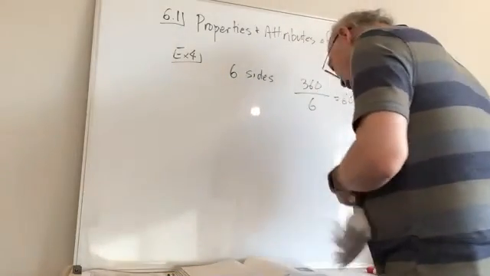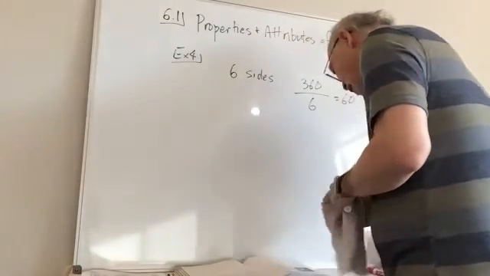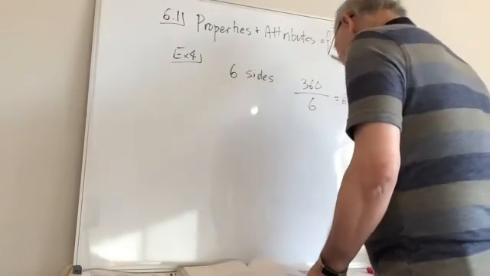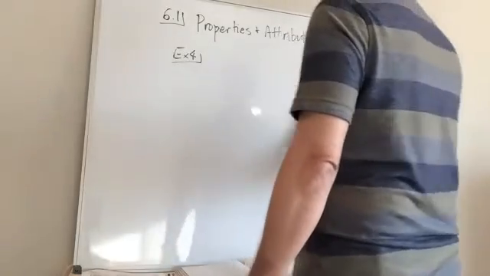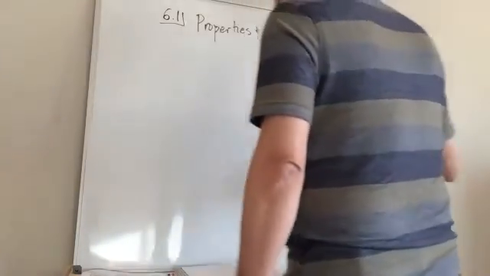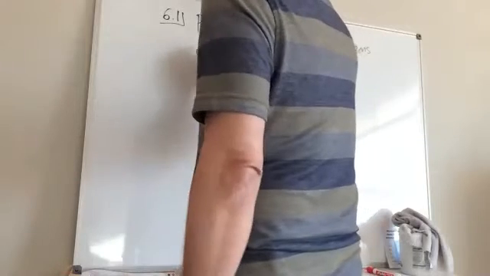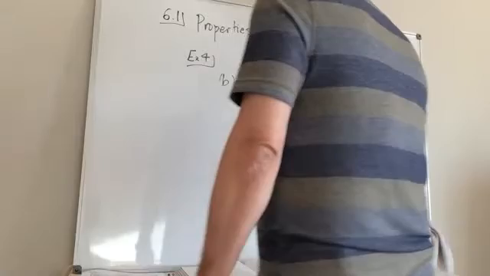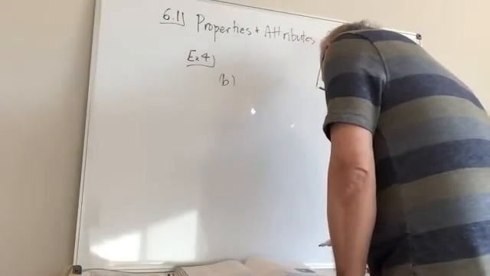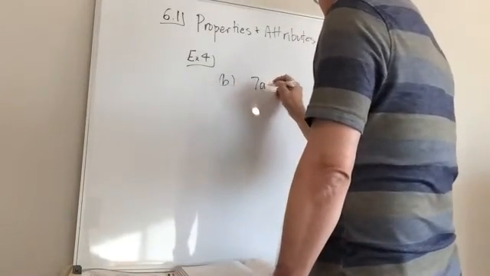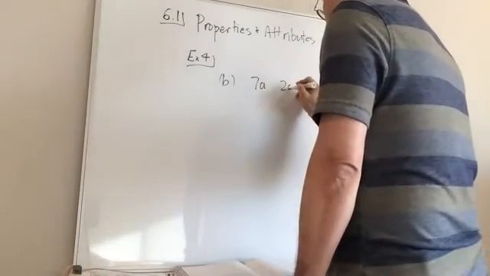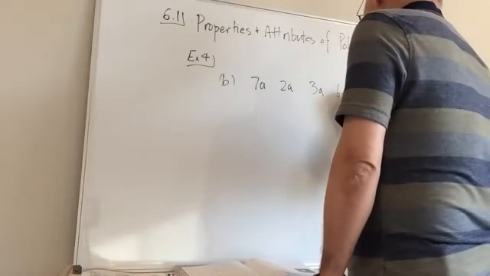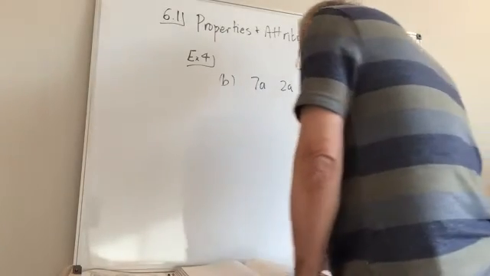B, find the value of A in polygon RSTUV. So what kind of shape is that? What kind of gon is that? Anybody? Pentagon. It's a pentagon, right? Because there are 5 sides. So there are 5 exterior angles, right? One of them is 7A, the other one is 2A, the other one is 3A, 6A, and 2A, okay?